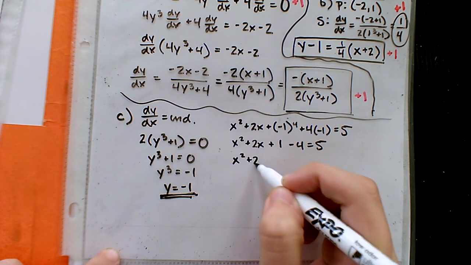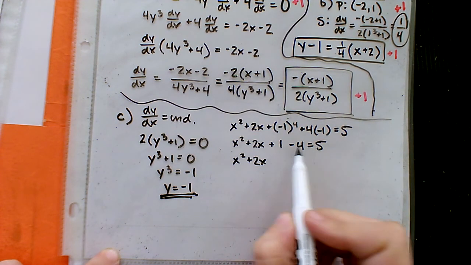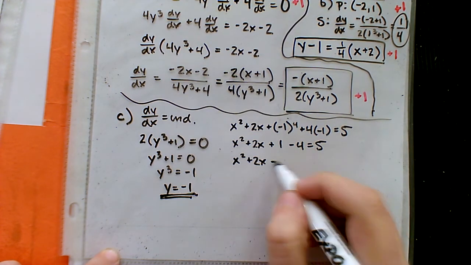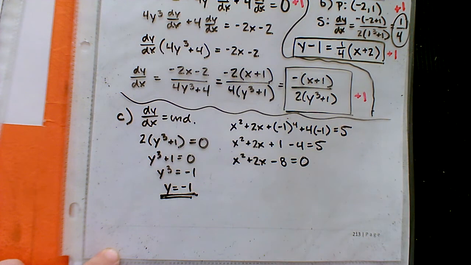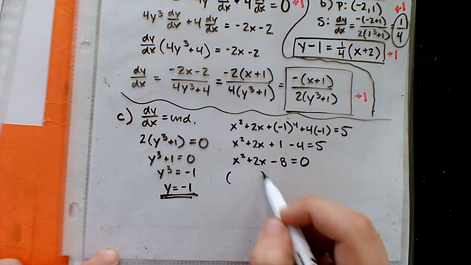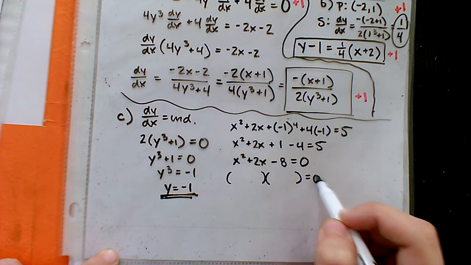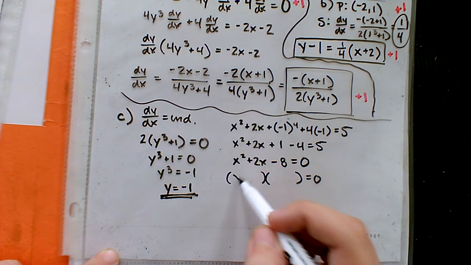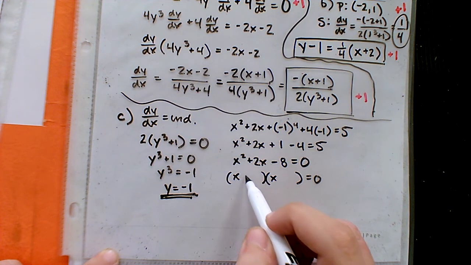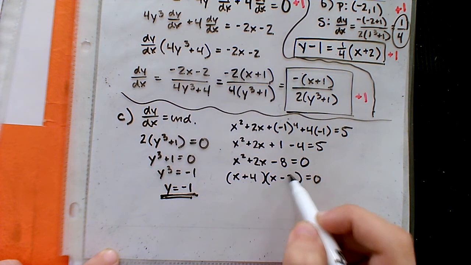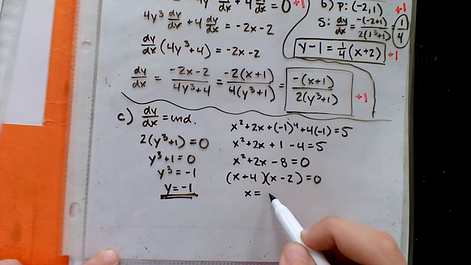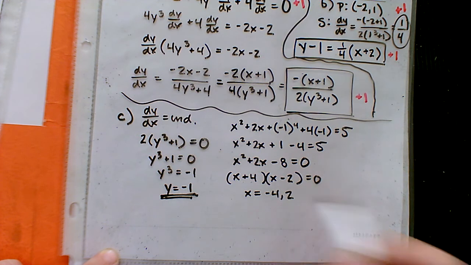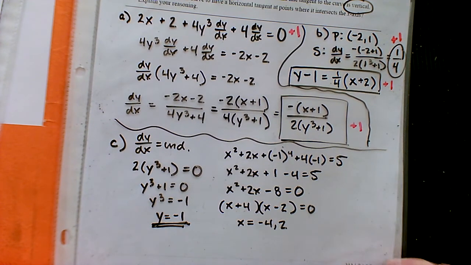Quadratic, okay, so we'll get it equal to 0. -3, subtract the 5 over, we get -8. There's our quadratic. How do you want to solve for x? Factor, 2 numbers that multiply to -8, add to 2. 4, -2, so our x solutions, -4 and 2. Okay, read the question.